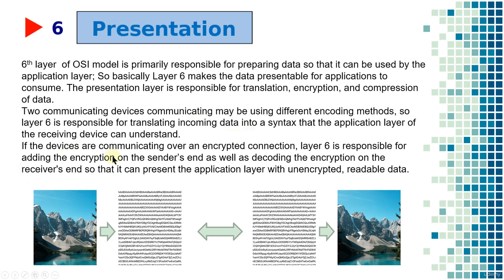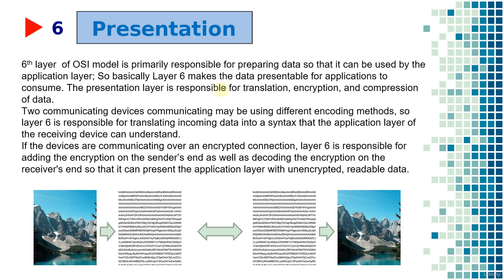If the devices are communicating over an encrypted connection, layer 6 is responsible for adding the encryption on the sender's end as well as decoding the encryption on the receiver's end, so that it can present the application layer with unencrypted readable data. As I said, encryption also happens at the sixth layer.